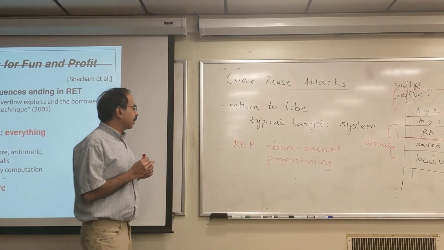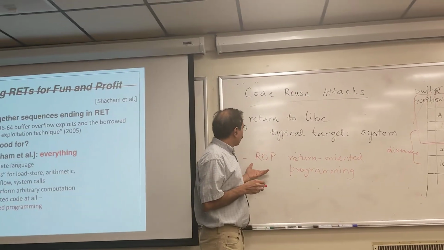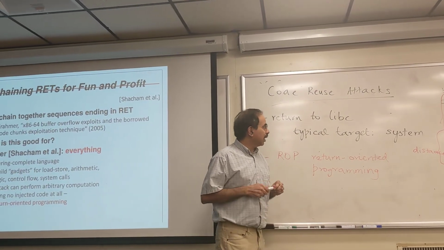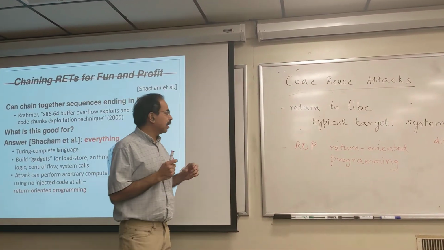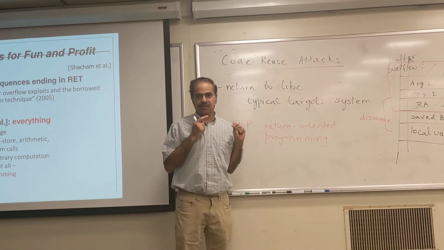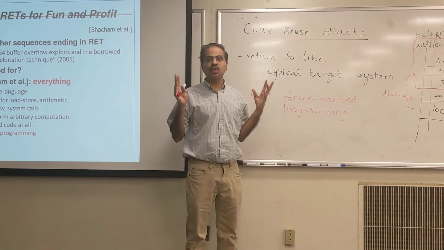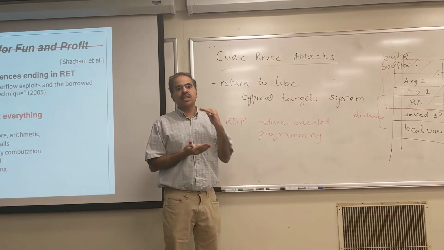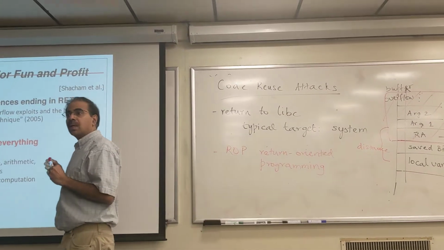So instead they may be looking for another approach where they don't have to use an existing function, but instead they can stitch together small snippets of code. Each of these snippets themselves may not do much, but by stitching them together, the attacker can basically achieve arbitrary computation.